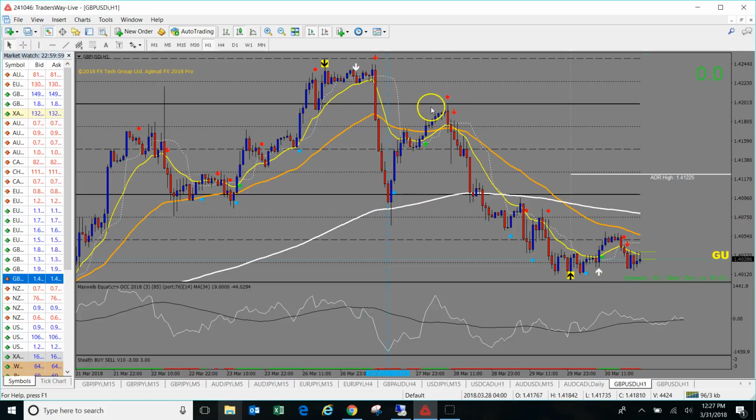This was a nice little pullback, and it was a perfect entry because you got the pin to the 200 moving average, and you got my little confirmation signal for the buy. So this is why I added moving averages to my chart, and look at that, you could have caught 115 pips. But I'm not just adding stuff to the AGMAN for the sake of adding it. I add it because they're things that I actually use in my trading.